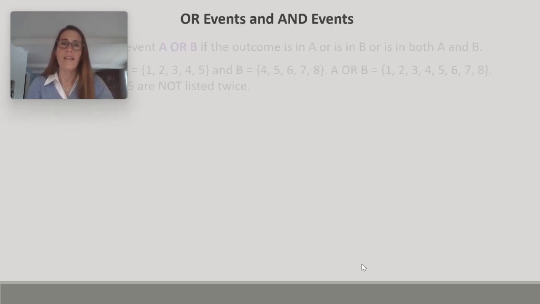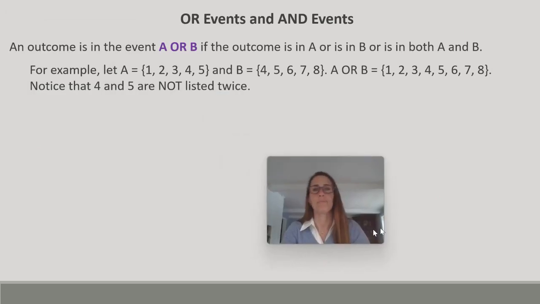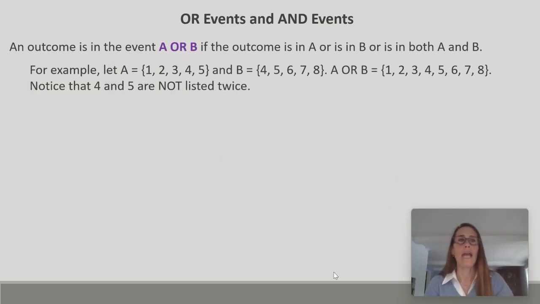So we have "or" events and "and" events. An outcome is in the event A or B if an outcome is in A, or is in B, or is in both A and B. An example of this is if we let event A be the numbers 1, 2, 3, 4, and 5, and event B be the numbers 4, 5, 6, 7, 8, then A or B is going to be the numbers 1, 2, 3, 4, 5, 6, 7, 8.